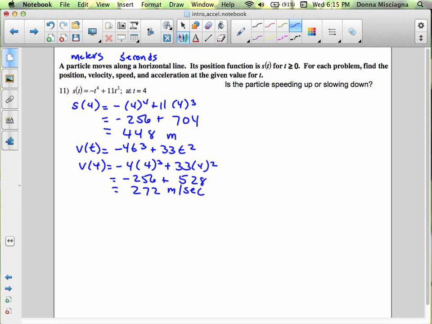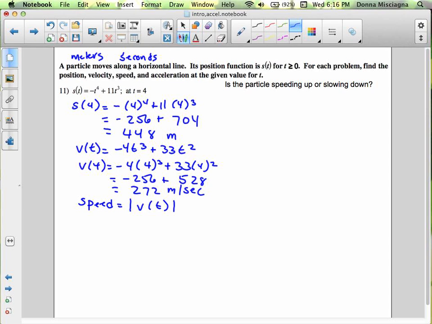All right, so we found position, we found the velocity. Now let's find the speed. We already use s for position, so now I'll just write speed. Speed is the absolute value of velocity.